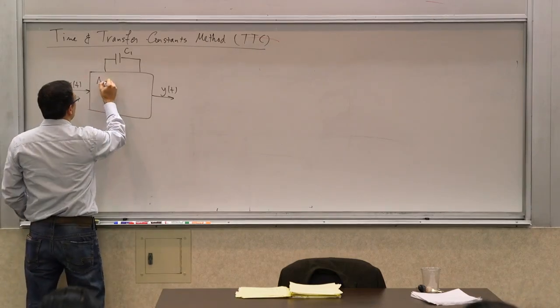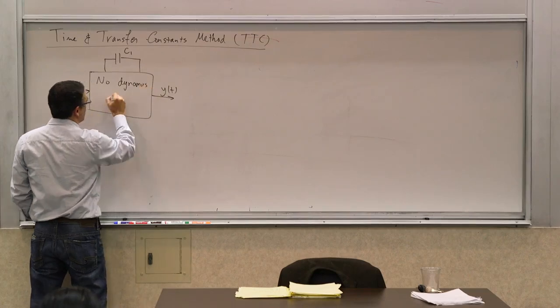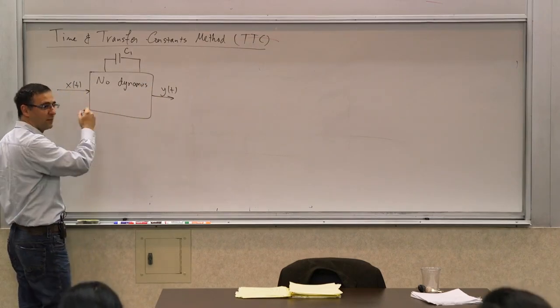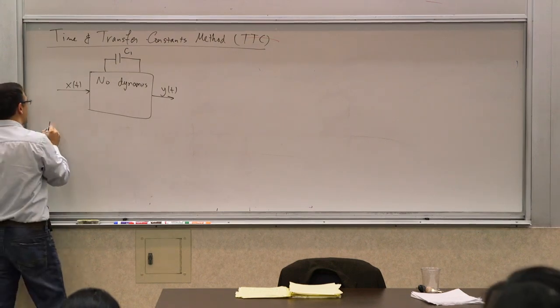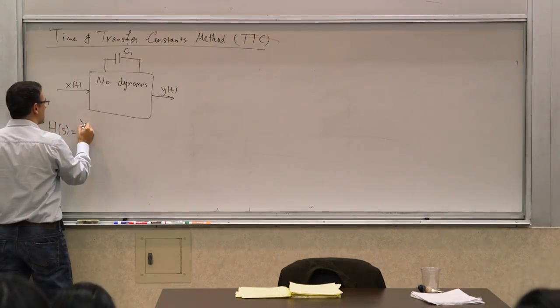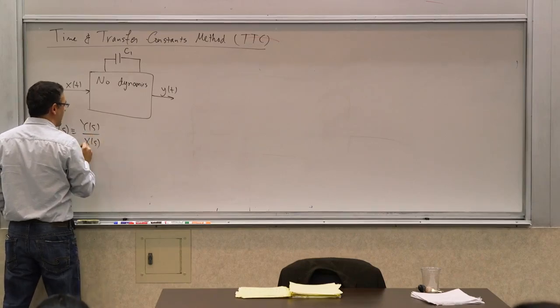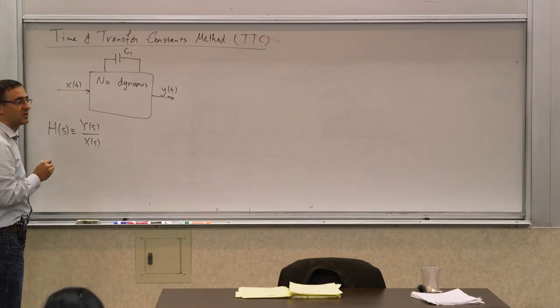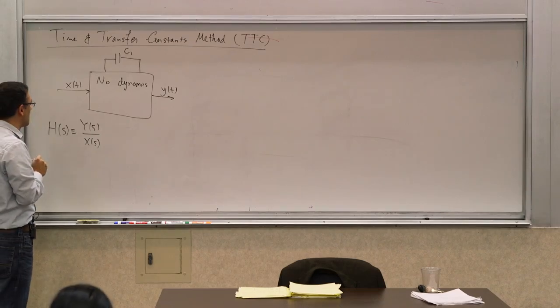So we say no dynamics in what's inside the box. The question is, how can you determine the H of s? In other words, the Y of s over X of s, the transfer function of this circuit. How do you do that?